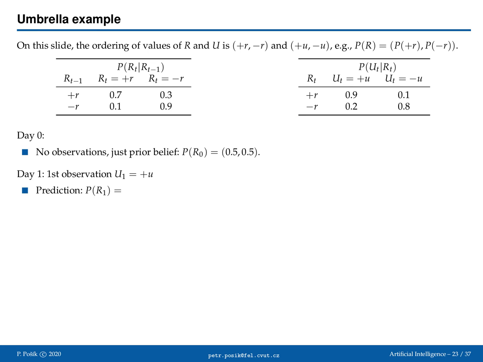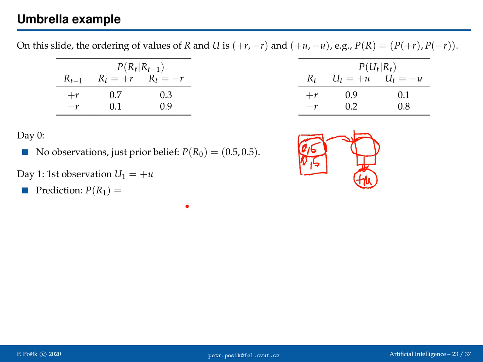To move to time 1, you are in the situation where the distribution was 50-50, 0.5, 0.5. And you now observe that your boss brought an umbrella on day 1. Based on these two things, this distribution 0.5, 0.5 and the information that your boss brought an umbrella, you want to update this pair of numbers to a new pair of numbers that would describe your current belief about what the weather is outside.